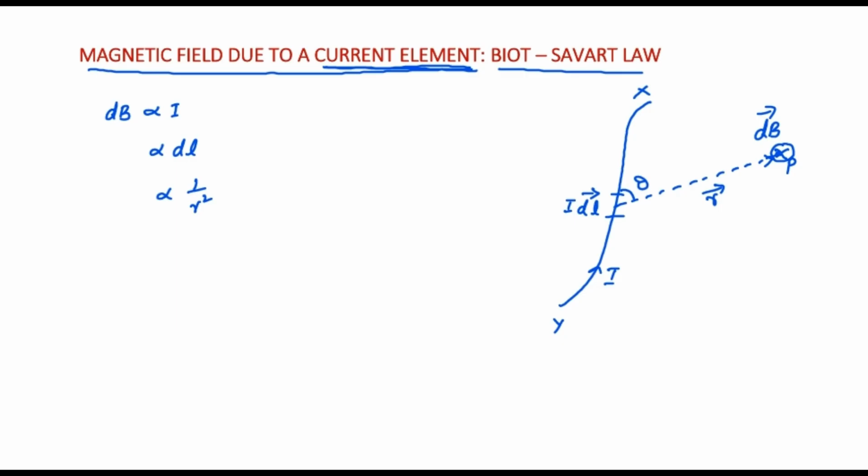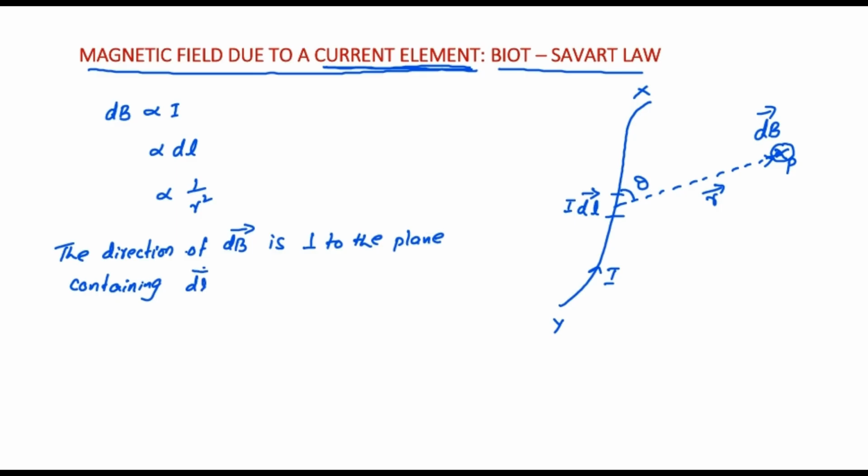The direction of the magnetic field is perpendicular to the plane containing dl bar and r bar.